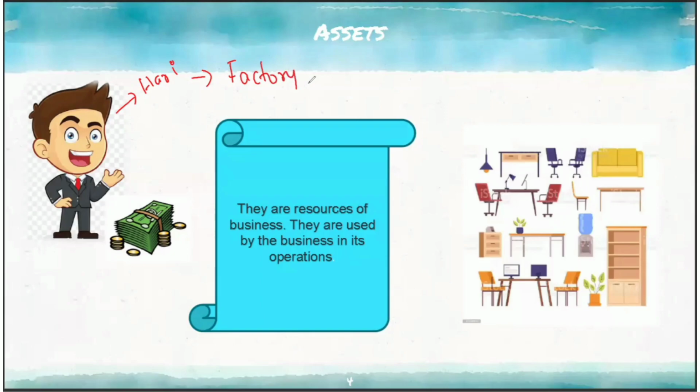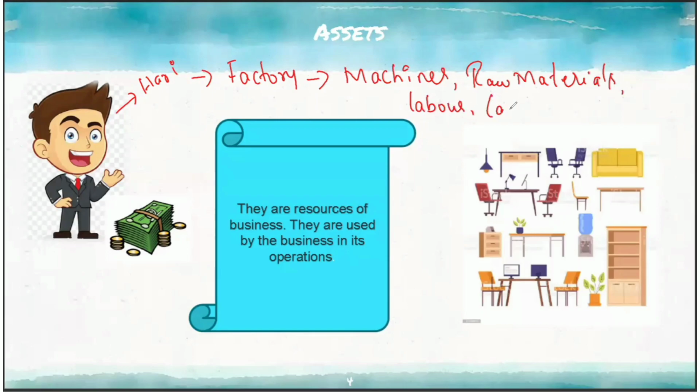For example, he requires machines, raw materials, labor, land. So these are the resources which he uses for the purpose of operating his business. We call those resources assets.